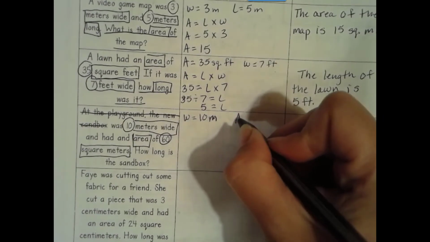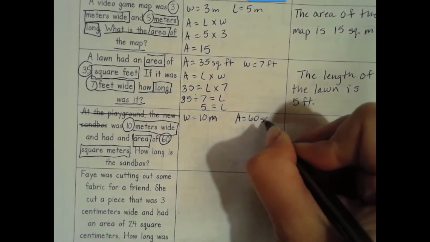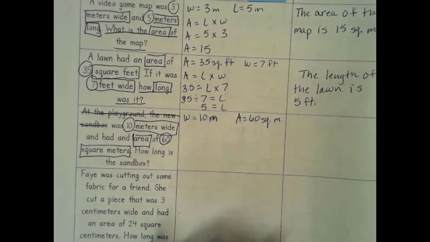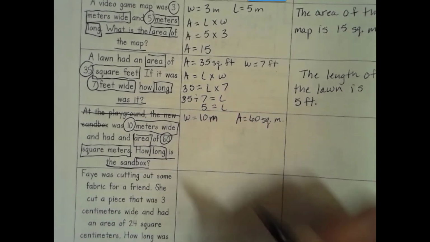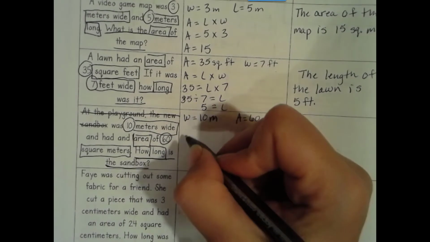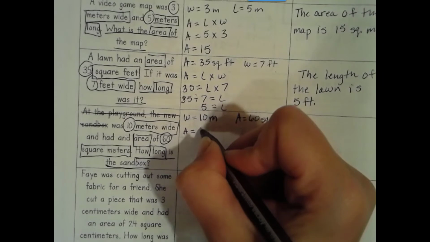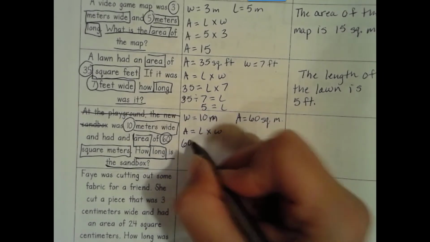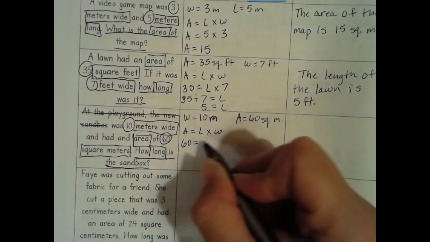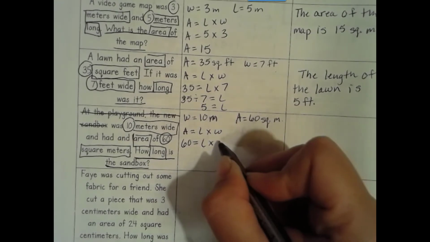So we have an area that is 60 square meters. How long, so we're looking for length, is the sandbox? So our area equals our length times our width. Our area is 60 square meters. Length we don't know. Our width is 10 meters.